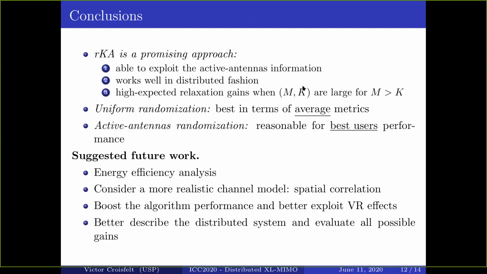In particular, we also found that the uniform randomization approach is the best in terms of average performance, and that the active antennas randomization has some relevance when you stop thinking on average.